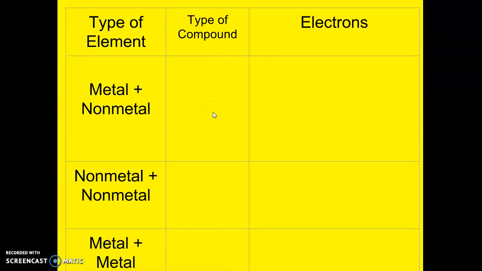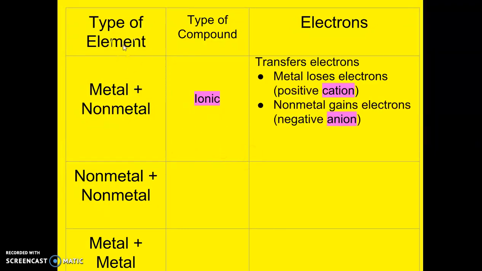So we are going to fill this out together in class, or we'll talk about this in class, but you can go ahead and put this chart in your notes. So if I take a metal element and a nonmetal element, and I combine them together chemically, I make what's called an ionic compound. It's an ionic compound because the metal forms an ion and the nonmetal forms an ion, and they bond together.